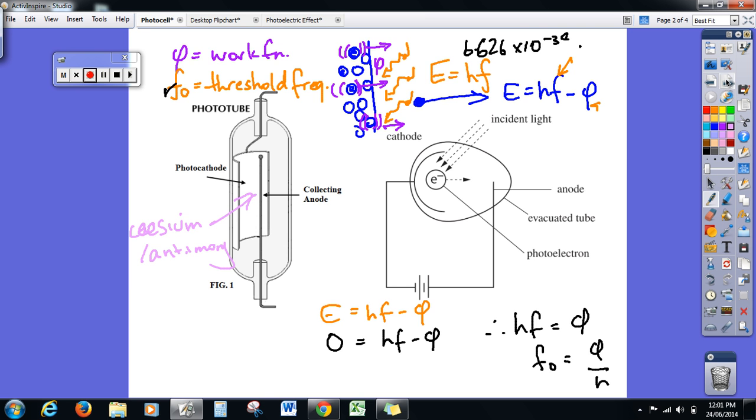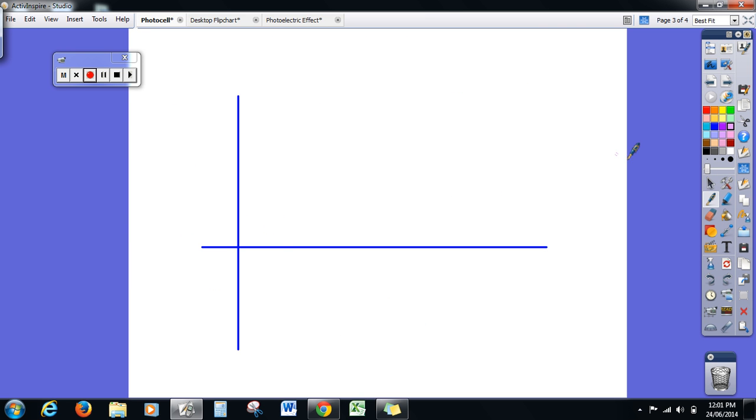So going to the next slide here, we are familiar now with this graph. The graph has E on the vertical axis, which is EK max, the maximum kinetic energy of a photo-emitted electron. Now, there are two versions of the EK max measurement.